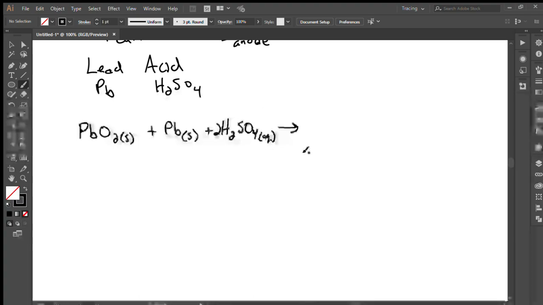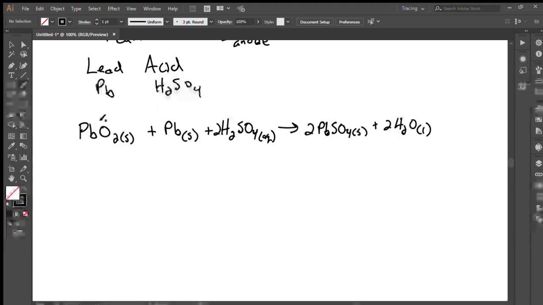That is going to cause a redox reaction where we get two PbSO4, lead sulfates, and that will be solid, and two H2O, waters, liquid.